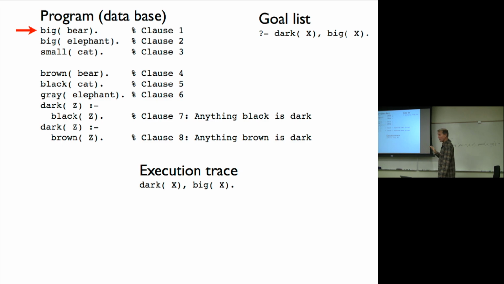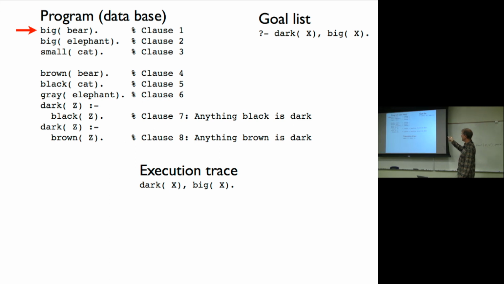Okay, so check this out. To illustrate how it does a query, we're going to go through an example where our goal list is the query dark X and big X. So what we want to know is what is dark and big.